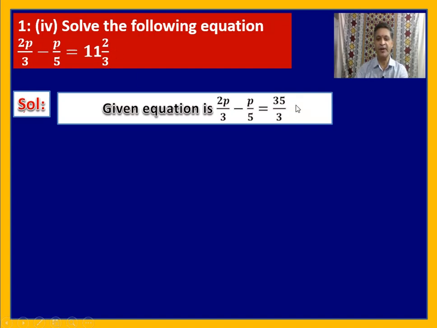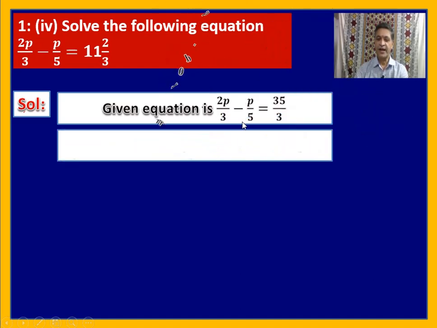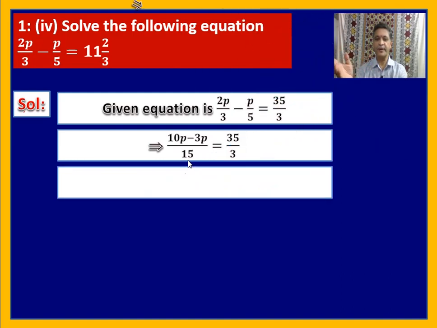This is the improper fraction of the mixed fraction 11 2 by 3. Take the LCM for 3 and 5 for the LHS. So that is 15. 3 cancels in 15 5 times. 5 into 2, 10p, minus 5 cancels in 15 3 times, 3 into p, 3p. So 10p minus 3p by 15 is equal to 35 by 3.